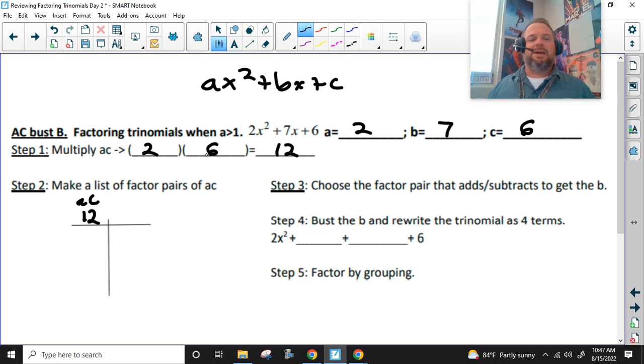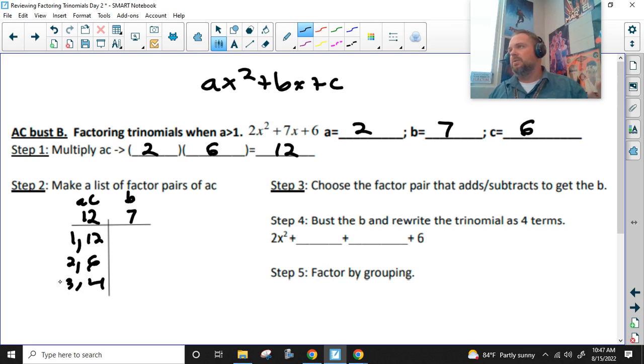Believe it or not, what we're trying to find is the factors of 12 that will come out and give us our B, which is 7. Now, some people will do it like this, and some people will automatically know them. I cover it all.